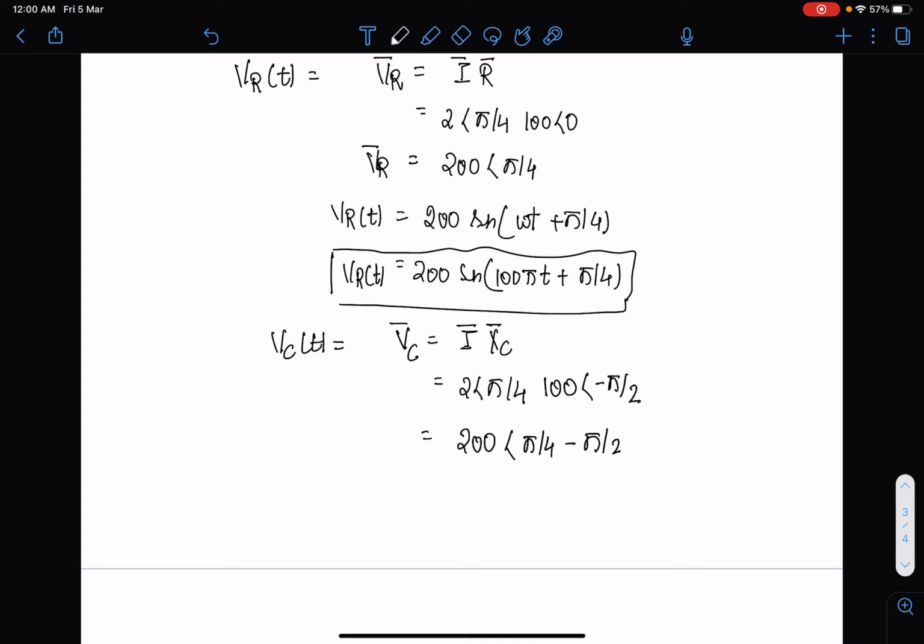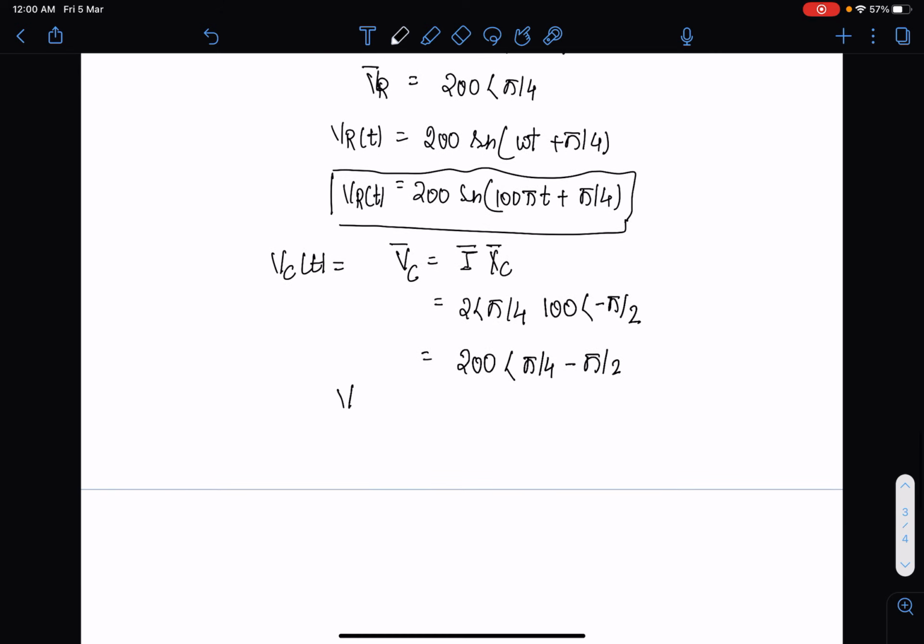So basically you can also write this in proper form, VC(t), the voltage across the capacitor as a function of time, can be written as 200 sin(ωt + π/4 − π/2), right?